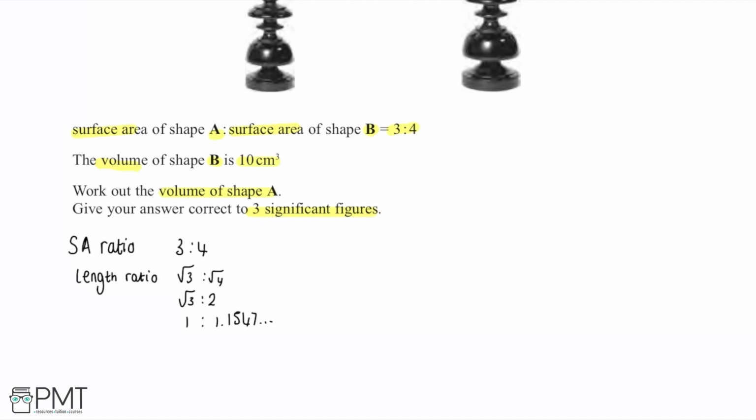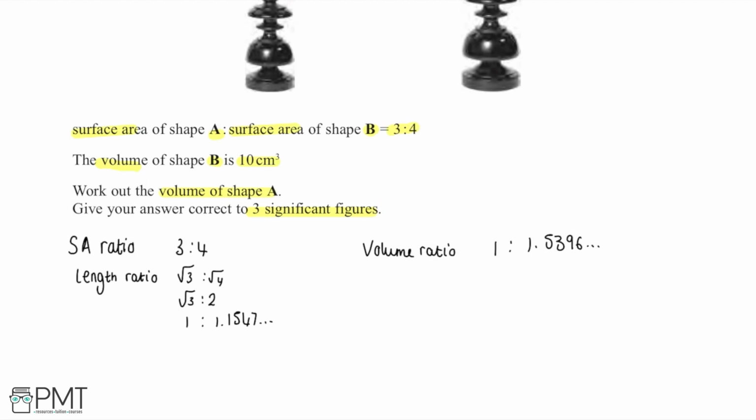Now, what we can do with this, we need to work out the ratio between the volumes. So the volume ratio here, now volume is going to be the length cubed. So we can now cube both sides of this ratio. So we can cube 1, which just gives us 1, and then if we cube 1.1547, or the exact value which I left in my calculator, that's going to give us 1.5396.